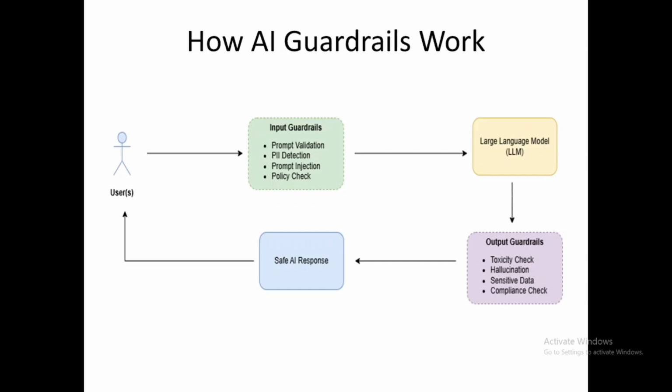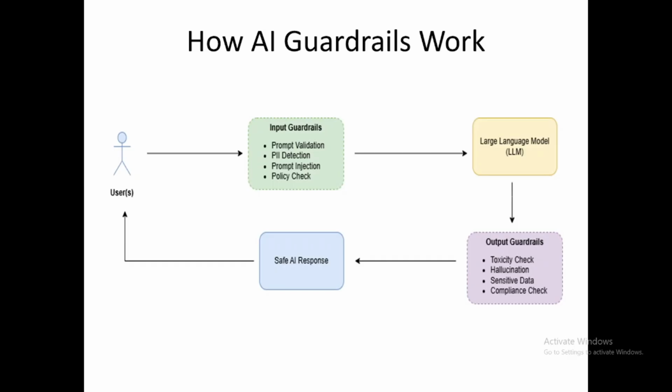Based on this prompt, the large language model is generating some content. But after generating the content, we are not sending this directly to the user. What are the intermediate steps? We are checking the toxicity. We are checking the hallucination.